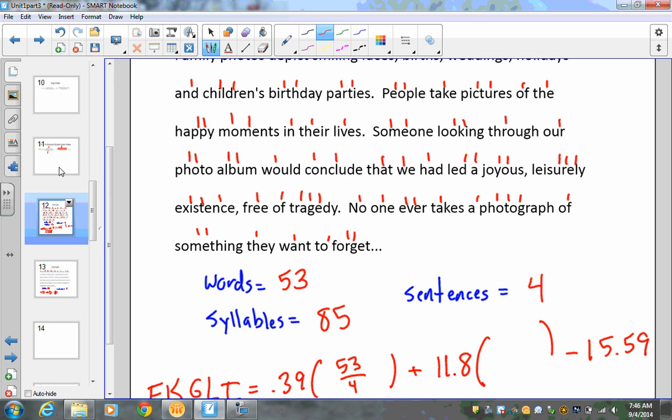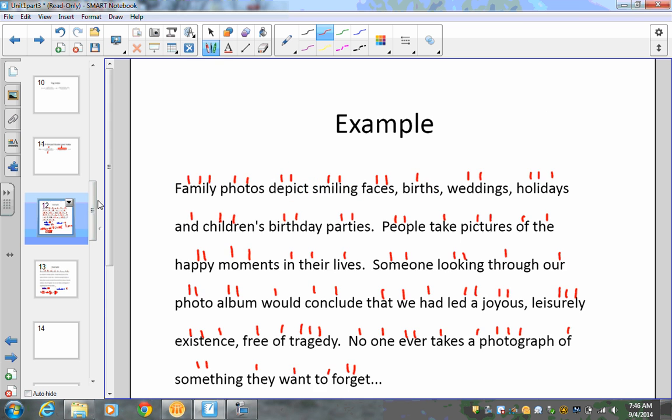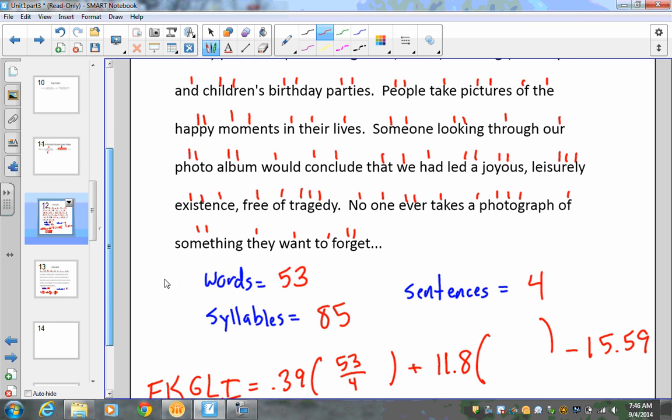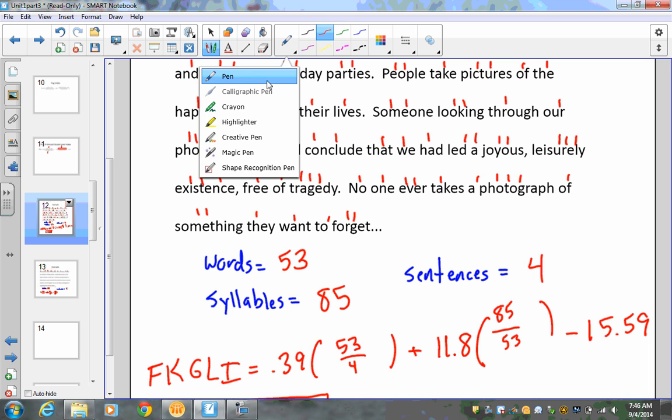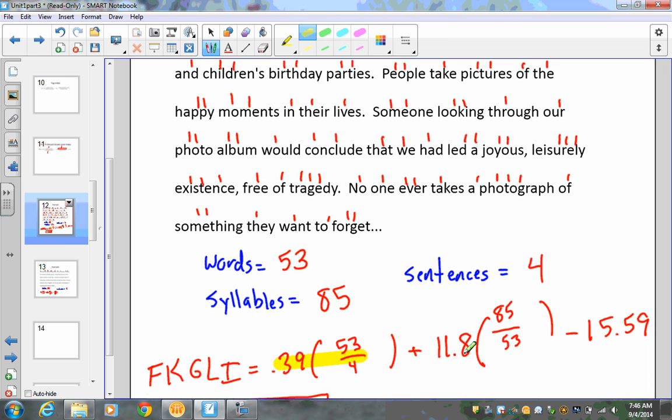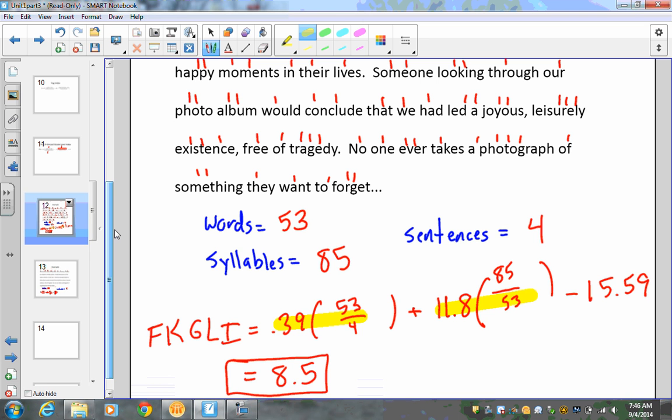Then the number of syllables over the number of words, so 85 over 53. Using order of operations, I'm going to multiply this first, then this, and then add everything I got. When I do that, go ahead and pause the video if you want to. All right, the answer is 8.5. So I have a readability of 8.5.